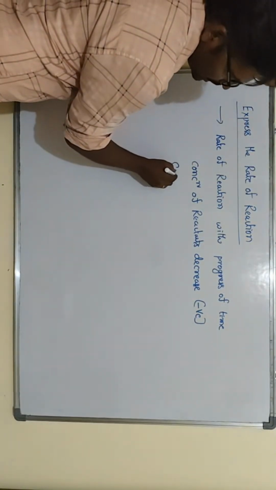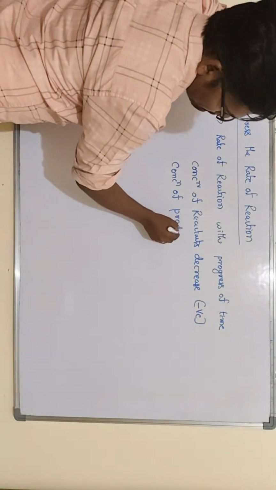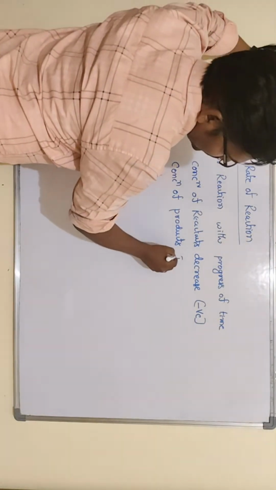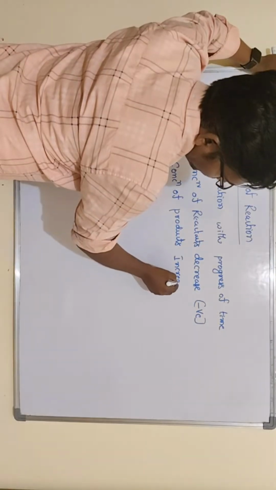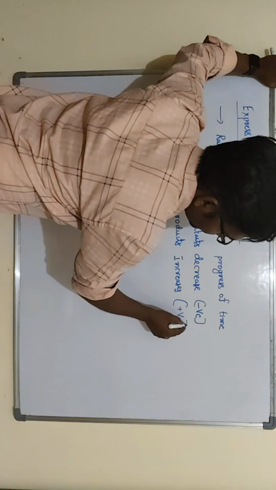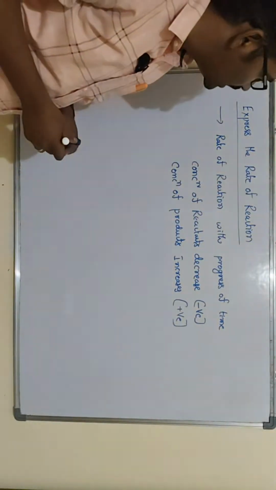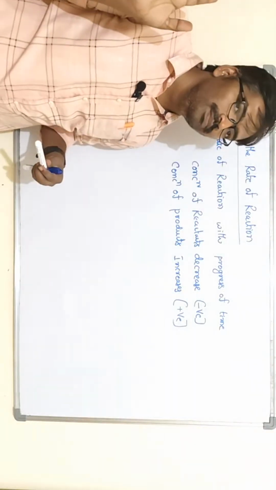Then the concentration of products increases, you have to take a positive sign. So the above one is negative sign, the below one is positive sign. Rate of reaction with the progress of time.